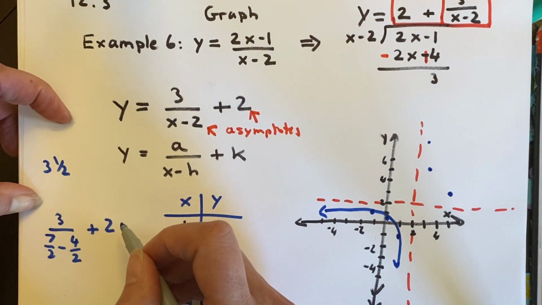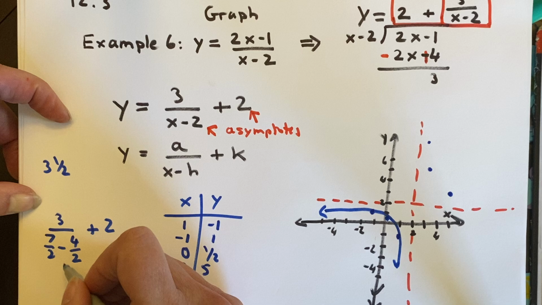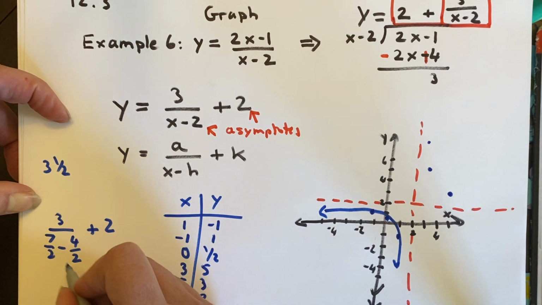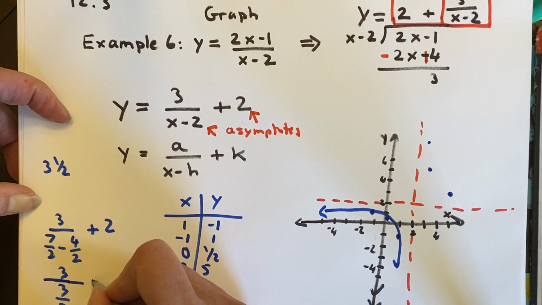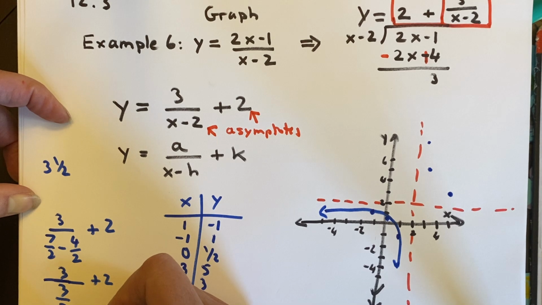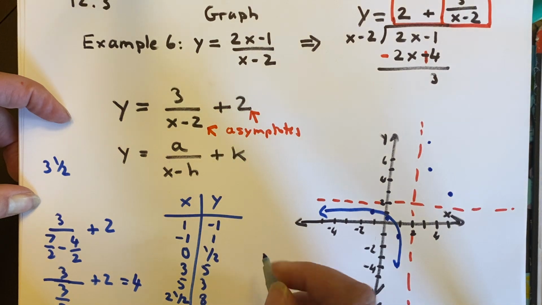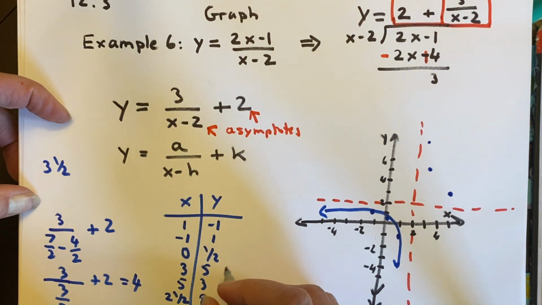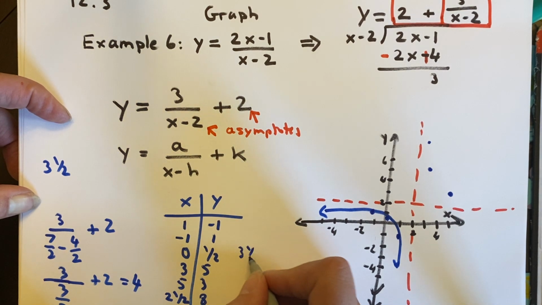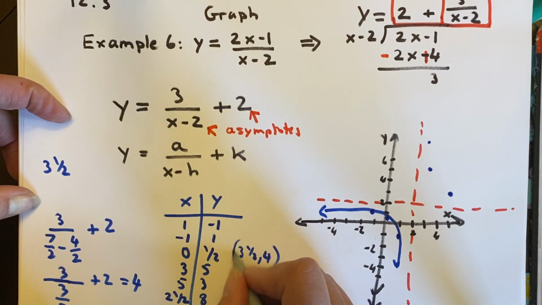I was doing it in my head, and it's really better to write it down. 7/2 minus 4/2 is 3/2, and 3 divided by 3/2 plus 2. Dividing by 3/2 is the same as multiplying by 2/3. So 3 times 2 is 6, divided by 3 is 2, plus 2 equals 4. So if I put in 3.5, and I've run out of space, I'll get 4.